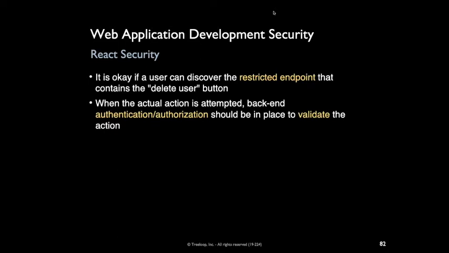That's a special piece of functionality, usually hidden from the user, and only admins can see it. So you write code in your JavaScript, React, Angular, whatever you're using, with an isAdmin Boolean variable. If isAdmin is true, show them the delete button. If isAdmin is false, don't show it.